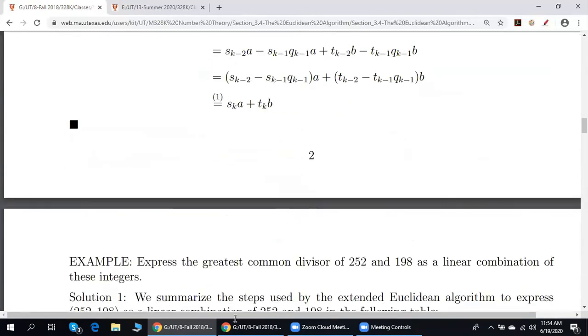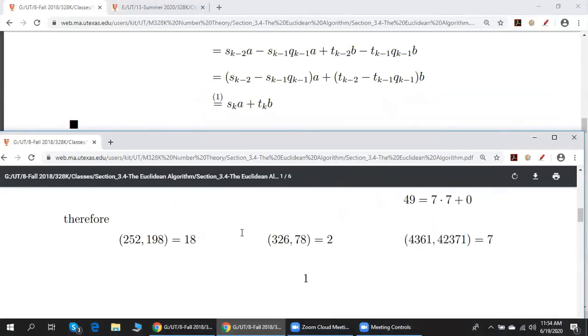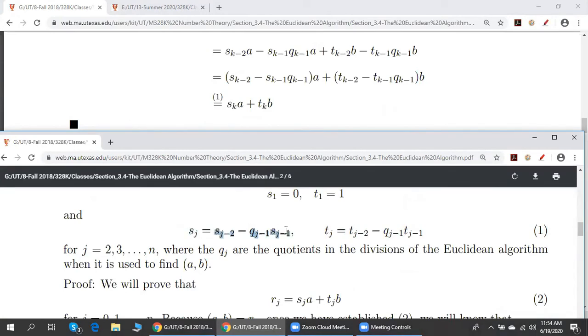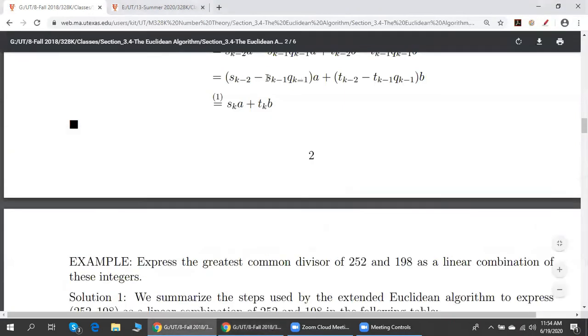For convenience, let us compare. Please take a look at this. Here are the formulas. Indeed, if j is equal to k, right-hand side is sk minus 2 minus qk minus 1 times sk minus 1, which is exactly what is written here. Of course, if we switch positions of this and this.